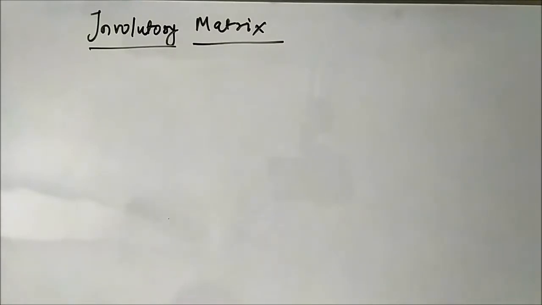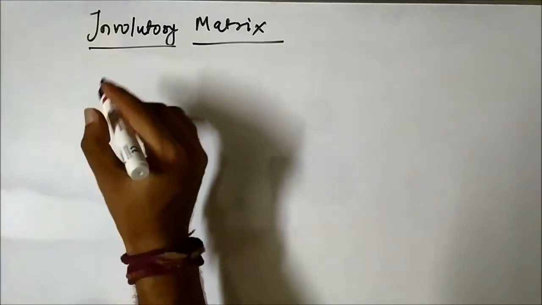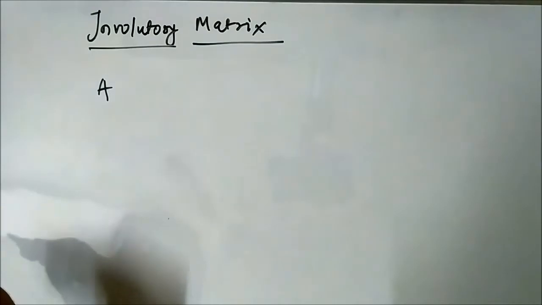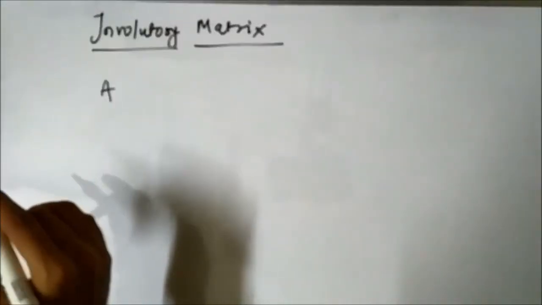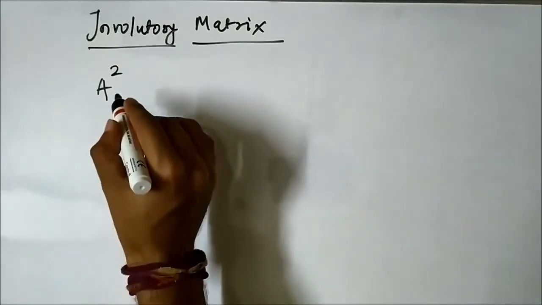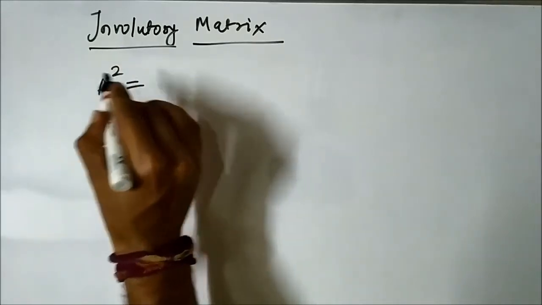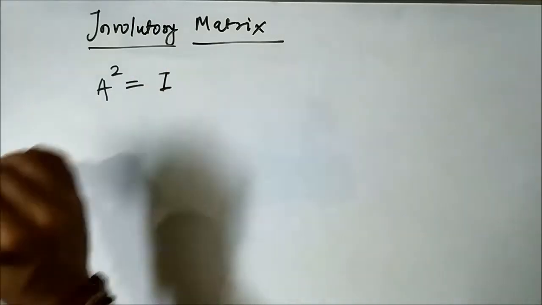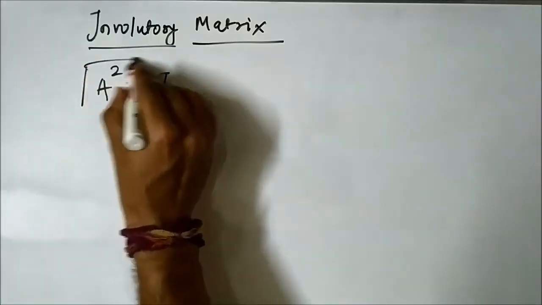Now the next type of matrix which we are going to discuss is the involutory matrix. A matrix A is said to be involutory if the square of that matrix, the result of the square of that matrix, is the unity matrix or the identity matrix.